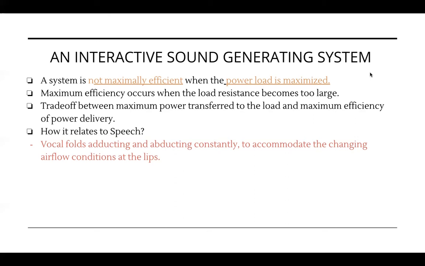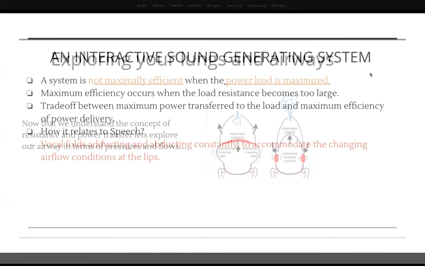So we could think of this as the vocal folds abducting and adducting consistently, presumably to accommodate the changing flow conditions at the lips. So it appears that this interaction is strong and maximum power transfer is accomplished with some kind of impedance matching between the source and the load.